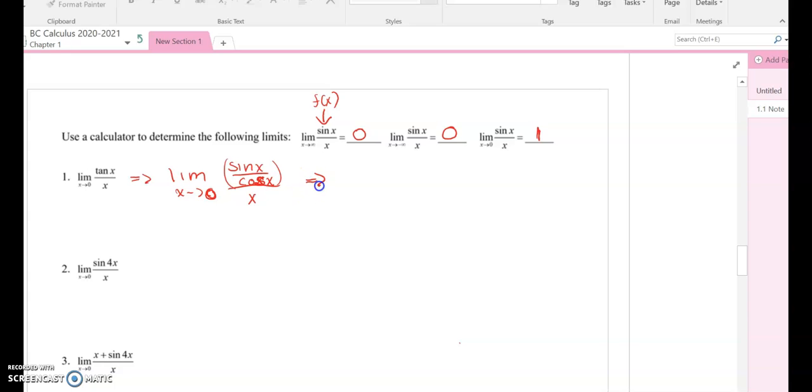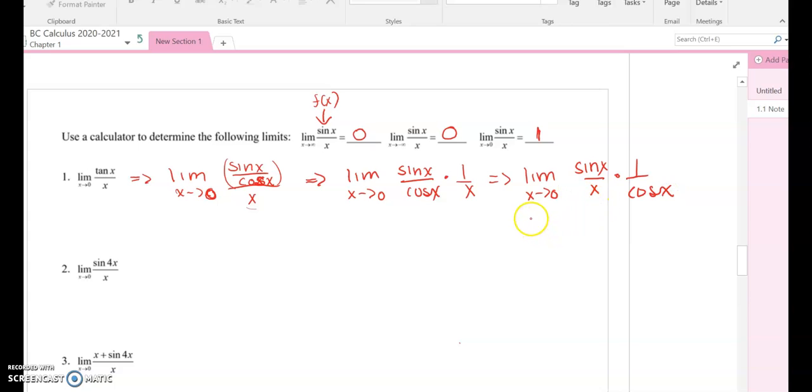And so you would know that you can rewrite that as sine of x over cosine x, and we need the reciprocal of x, which is 1 over x. And from here, we know that multiplication is commutative. And we know our properties of limits. So we know we're going to have 1 times 1 over 1. So the answer is 1.